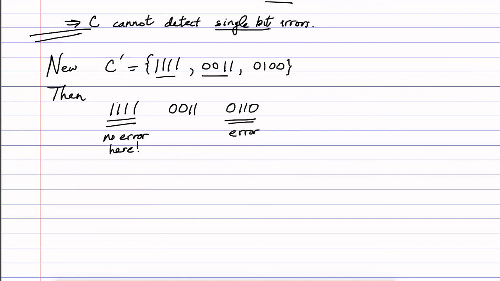If we're assuming that there's at most 1 bit change per code word, then that can't happen anymore. So this new C prime, it does detect errors in some sense. The sense is, if there is 1 bit change per code word, then we know that there's been a bit change. So I'll put single bit errors.